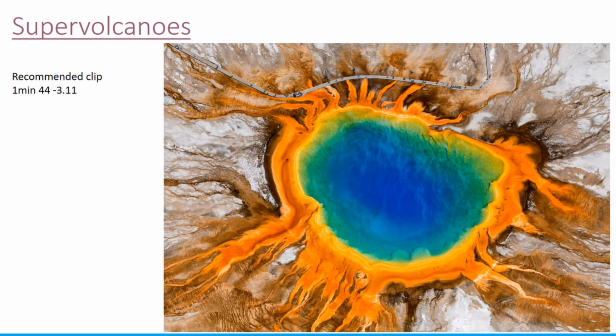But what would happen if it did erupt? Well, scientists think it would throw thousands and thousands of tons of ash and rocks all over the surrounding landscape, and by all over I mean all over the US.